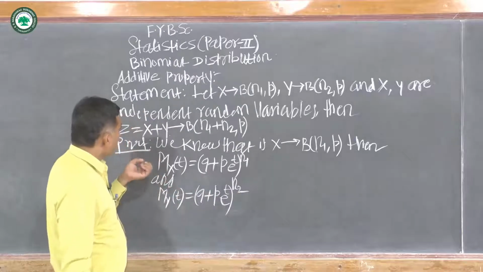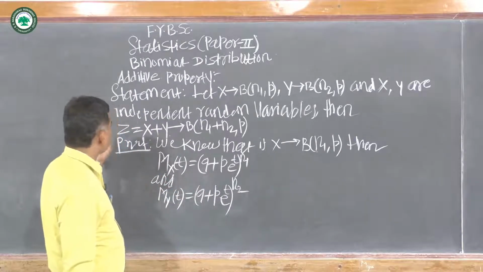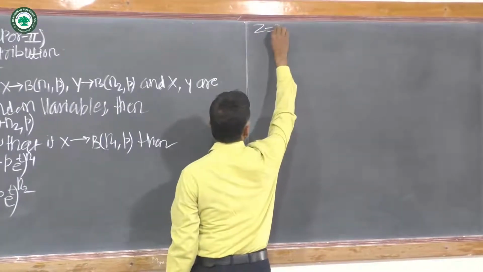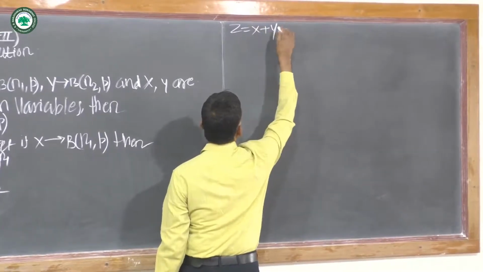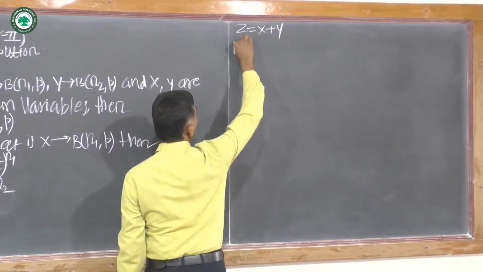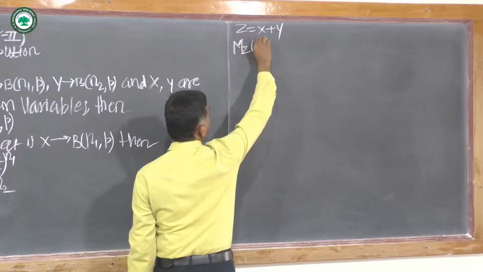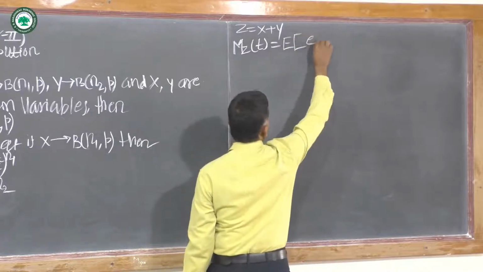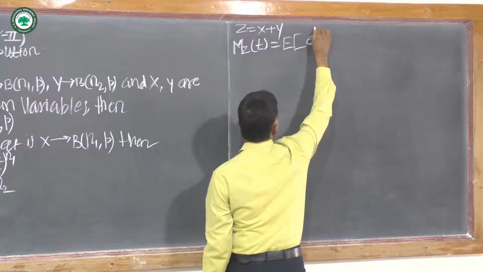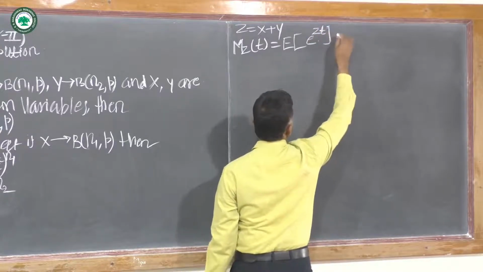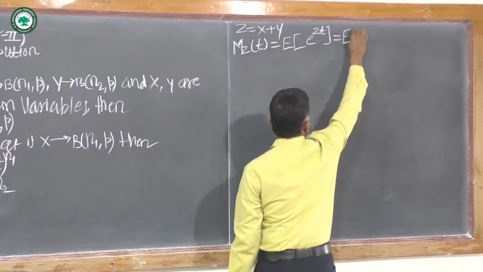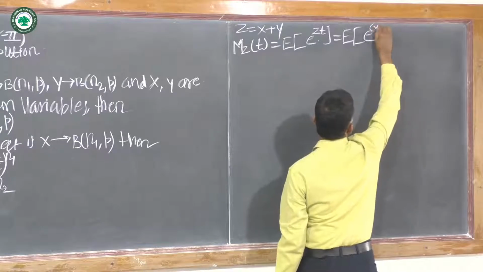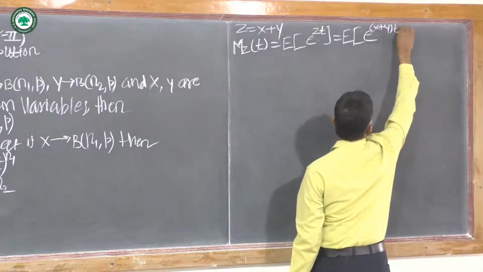Now we have to obtain the MGF of Z. Z is equal to X plus Y. Then MGF of Z is equal to the expected value of e raised to Z into t, which is equal to expectation of e raised to (X plus Y) into t.